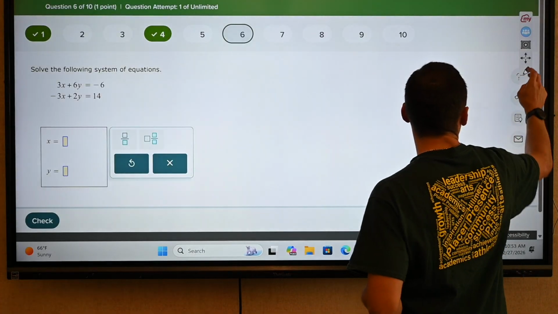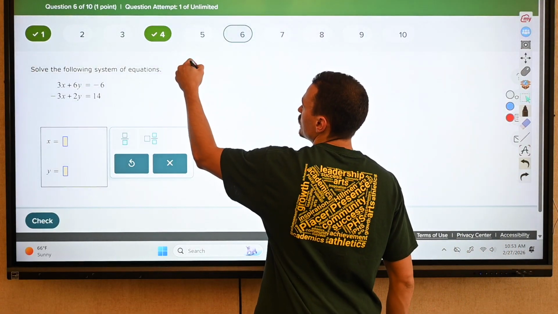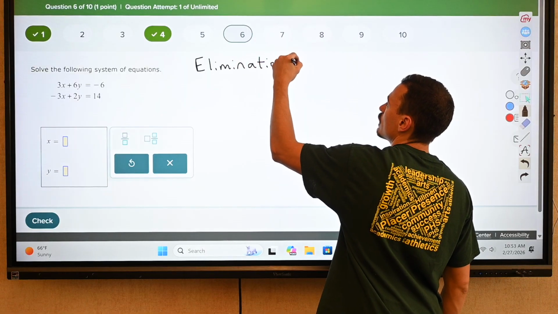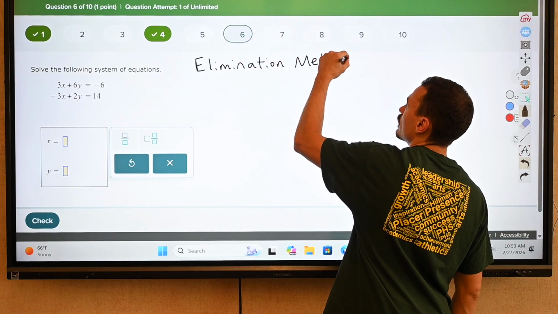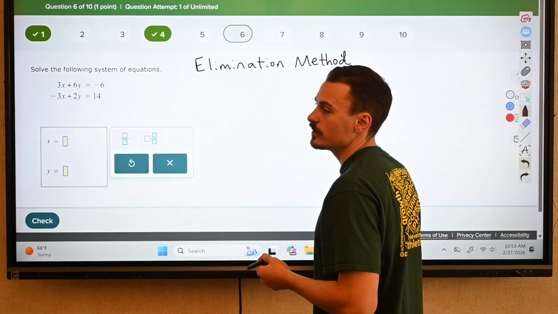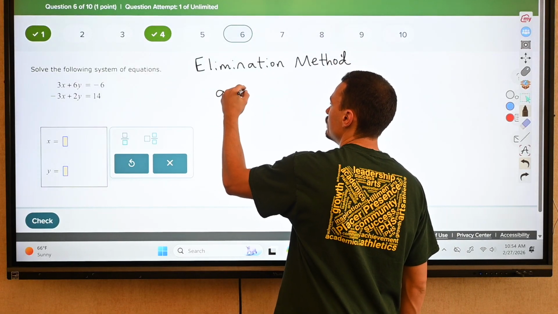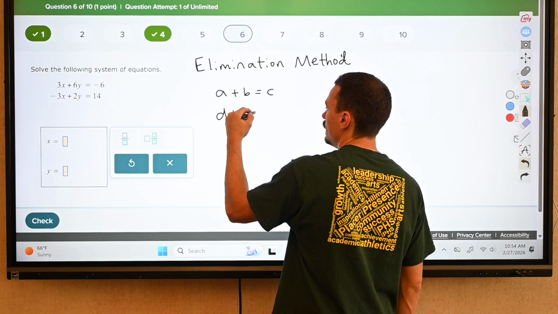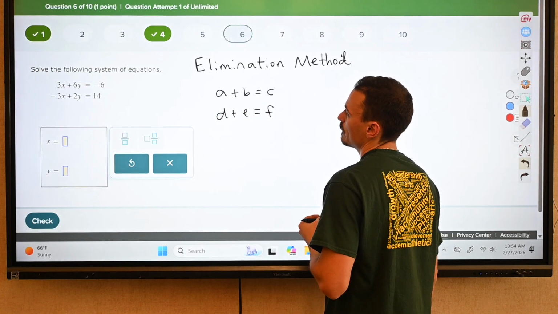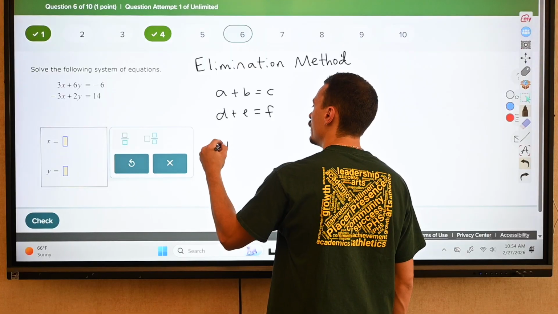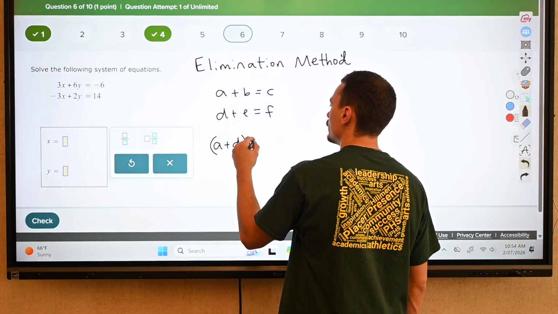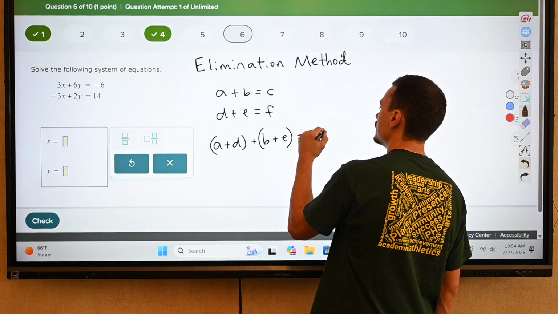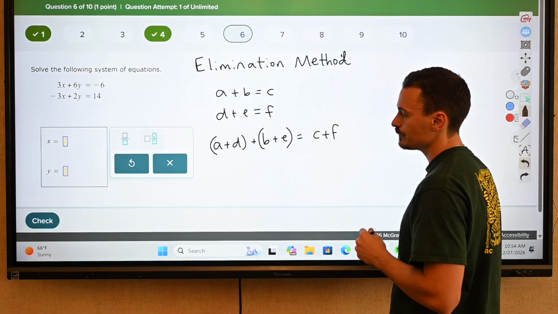Let's go to number 6. I just want to show this. We're going to use the elimination method. The elimination method works because if you have a plus b equals c, and then d plus e equals f, we know that a plus d plus b plus e would equal c plus f, right?